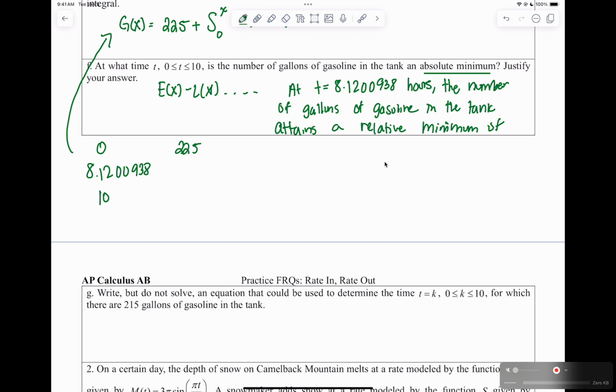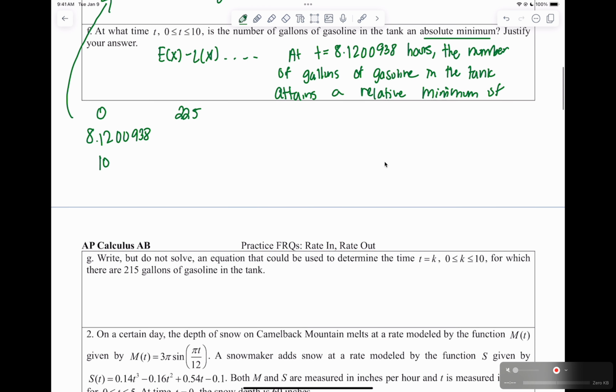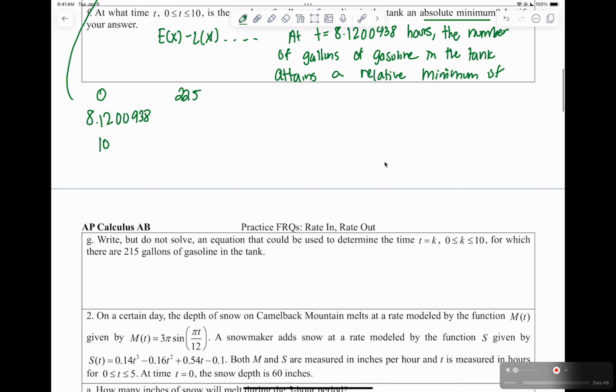Part G says, write but do not solve an equation that could be used to determine time t is equal to k from 0 to 10, for which there are 215 gallons of gasoline in the tank. So it just says write the equation. So just set it up. You're not doing anything fancy. You're not doing anything special except setting it up. So we want 215 gallons.